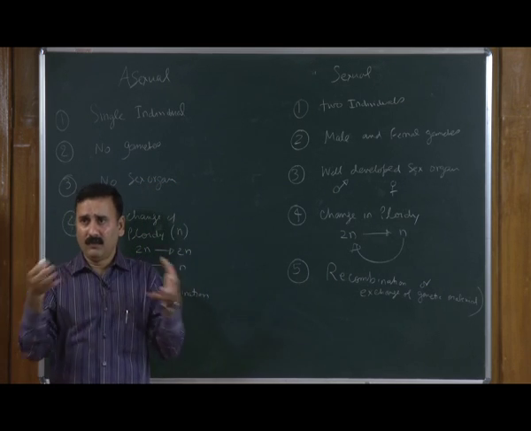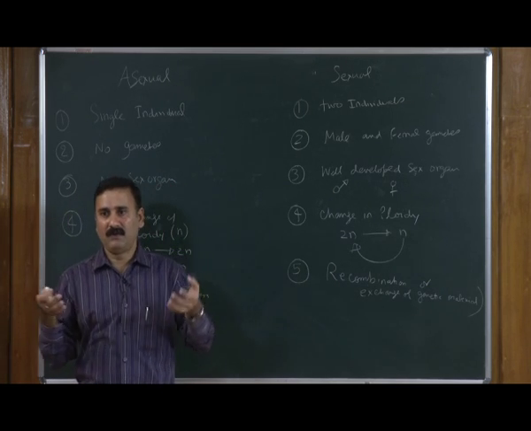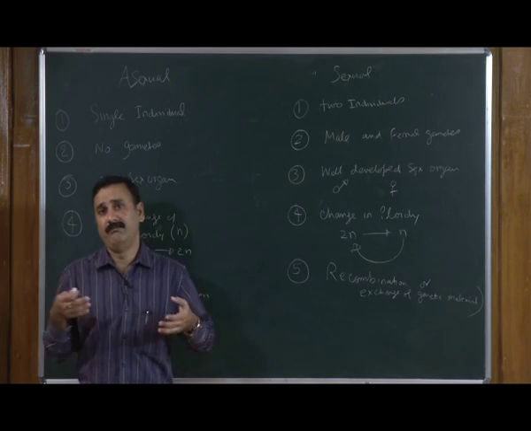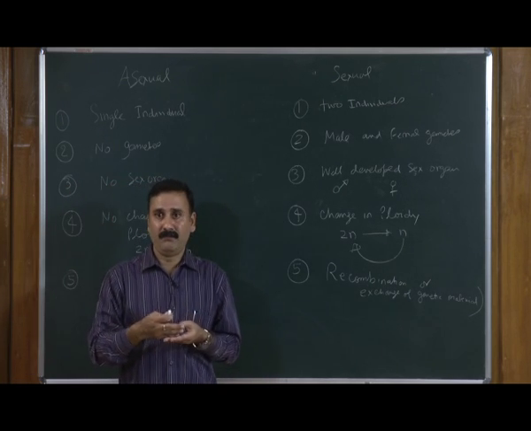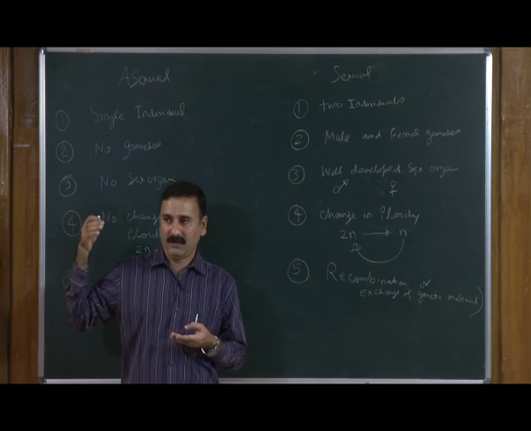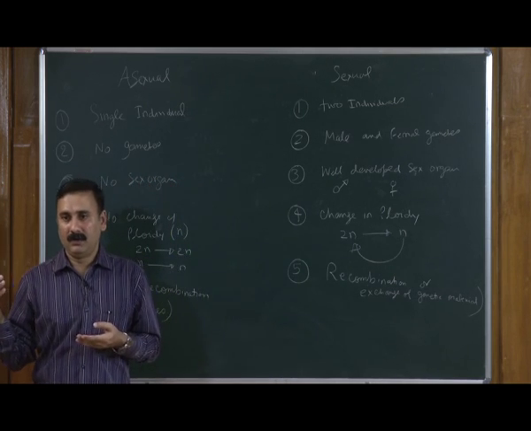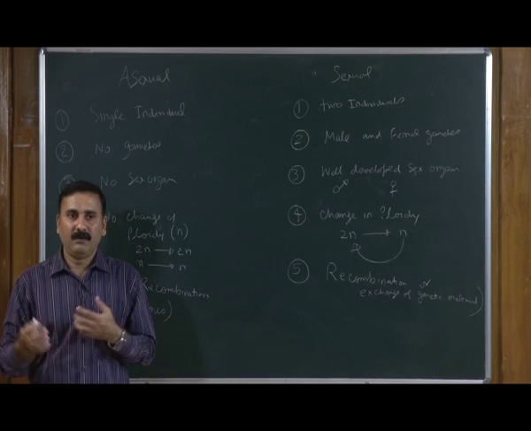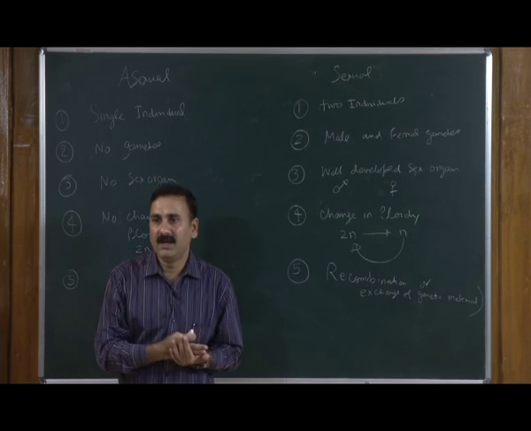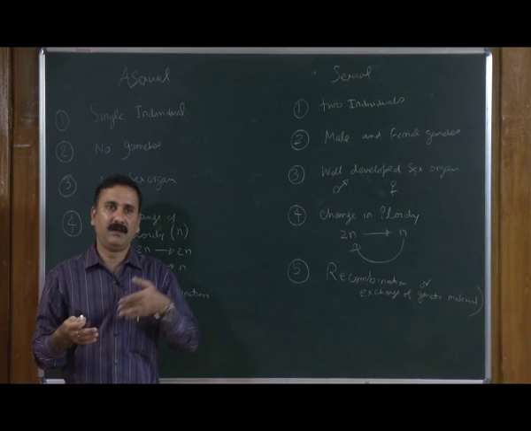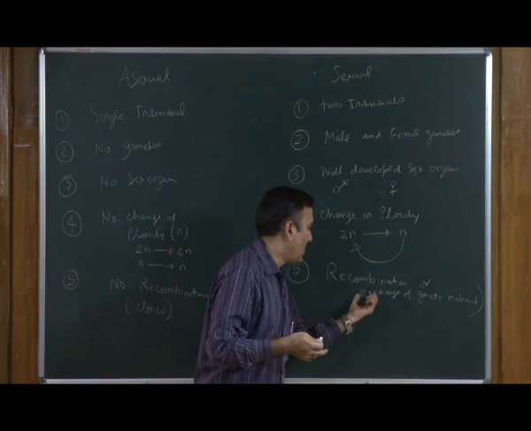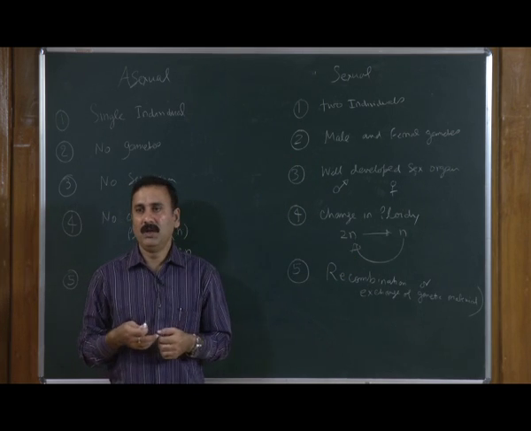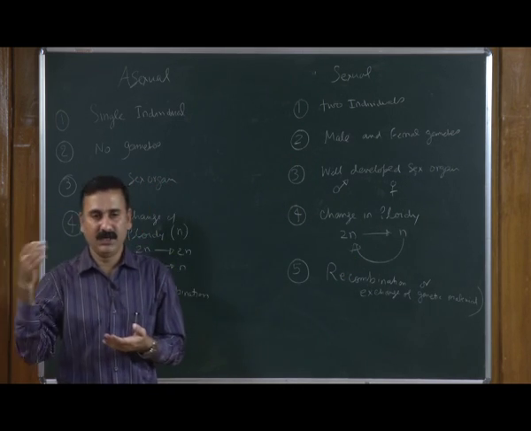This means there will be a mixing of characters of the two individuals, and this mixing could be good or bad, because you may have some bad genes present in one individual and good genes in the other, and by making recombinations you might acquire the good genes as well as the bad genes. So, the recombination always brings change in the particular individual, and that change could be good, or it could be bad.